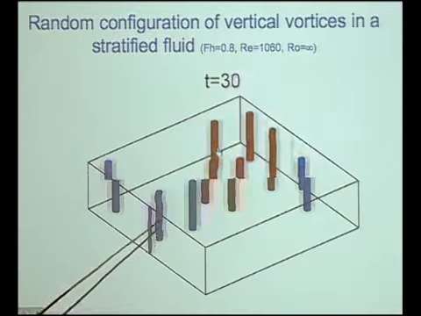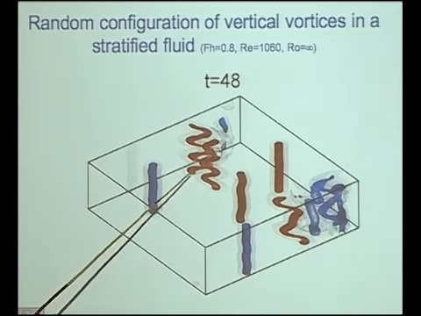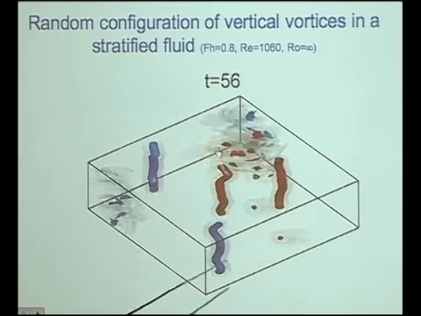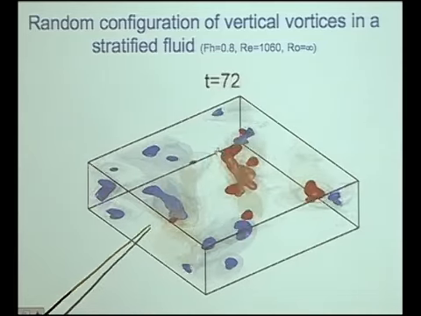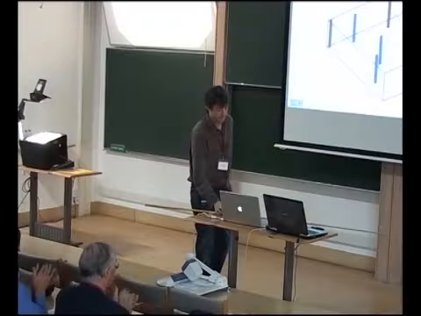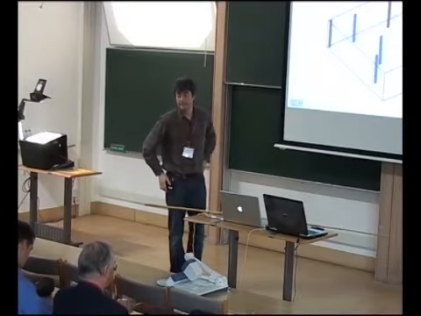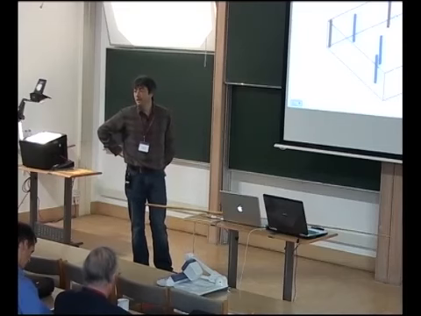Let's start the simulation. The fluid is stratified but not rotating. At the beginning, the vortices evolve like point vortices. But soon we start to see bending deformation, and this deformation breaks the vortices. At the end, you have some pancake vortices. So, thank you.